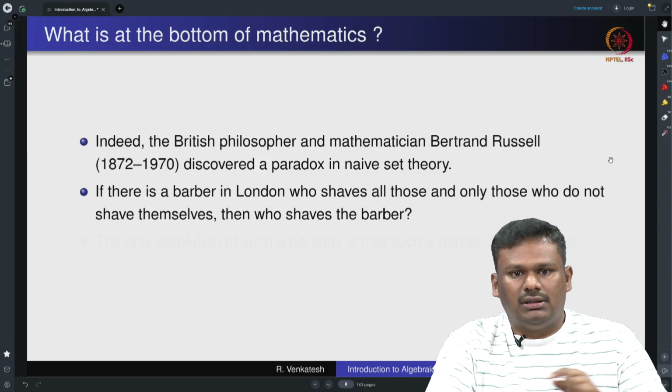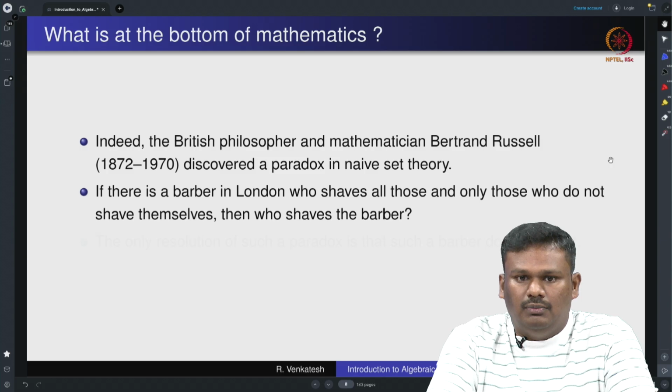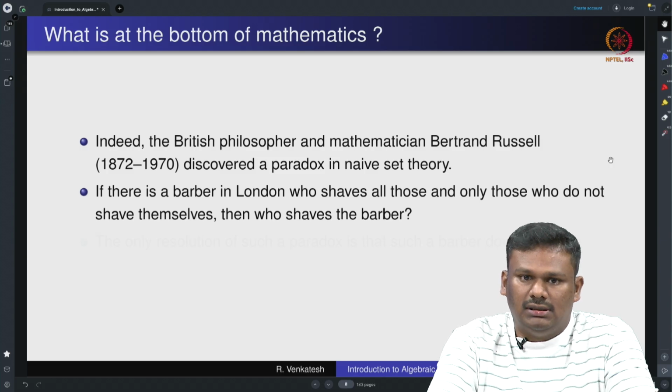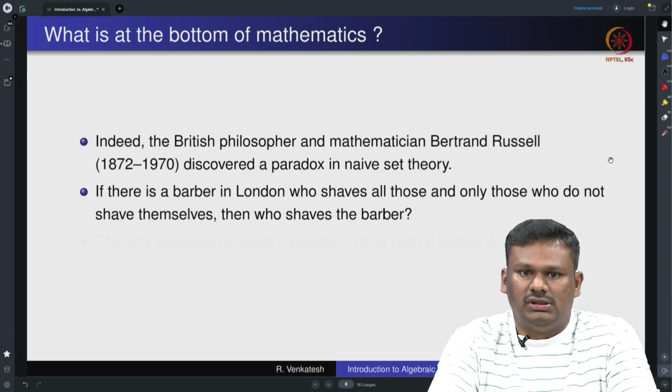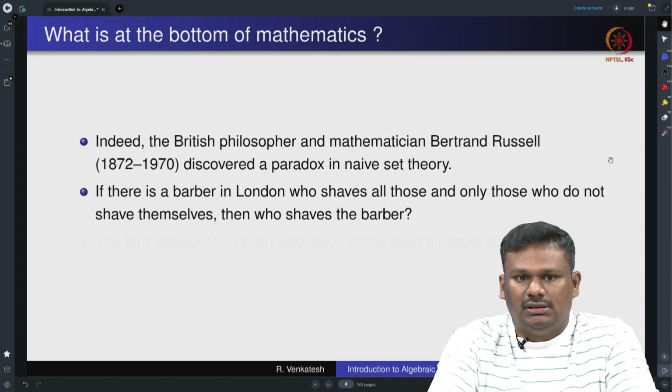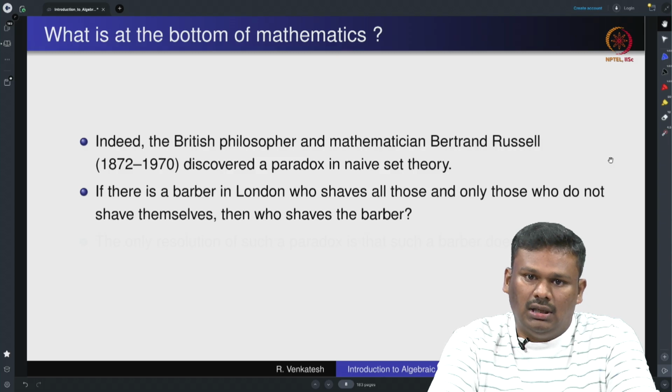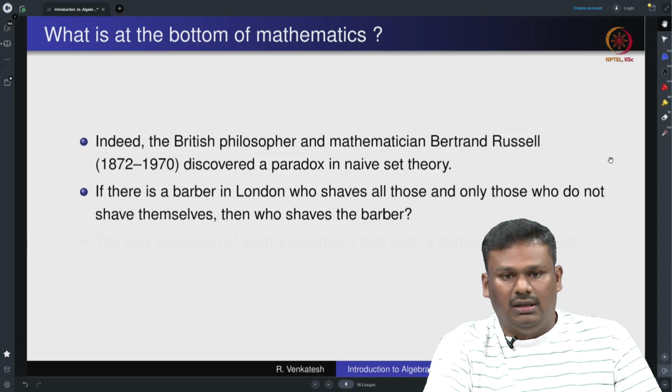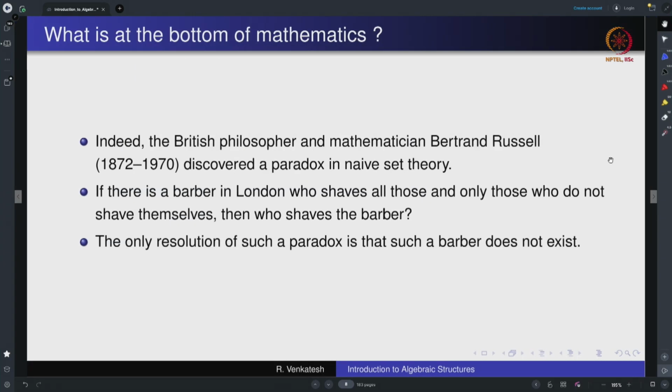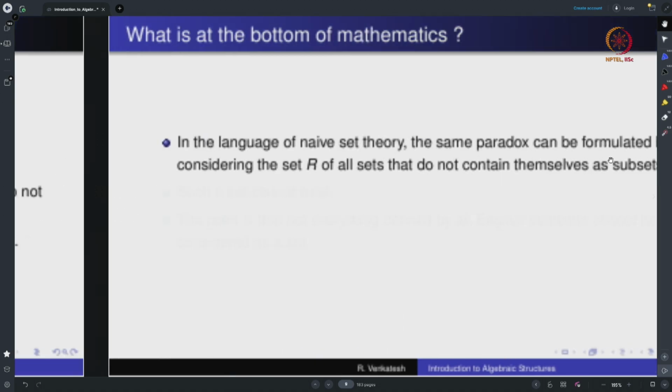If you think about it, the barber cannot shave himself, and if he does not shave himself, then he is forced to shave himself, because the barber shaves all those and only those who do not shave themselves. So, this leads to a paradox. The only resolution of such a paradox is that such a barber does not exist.